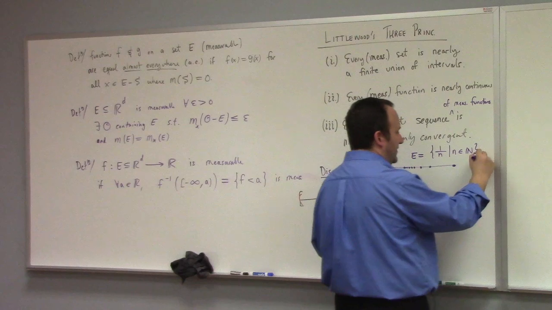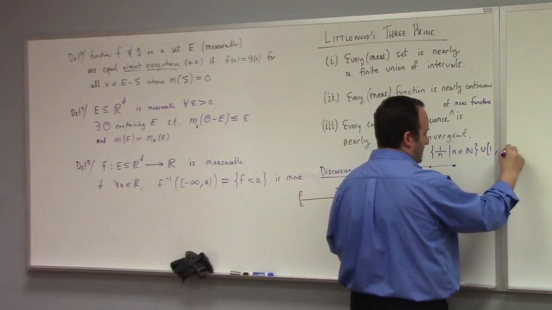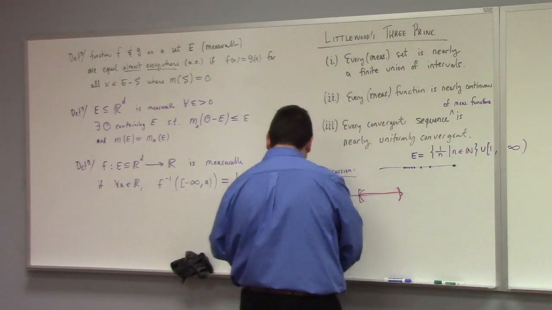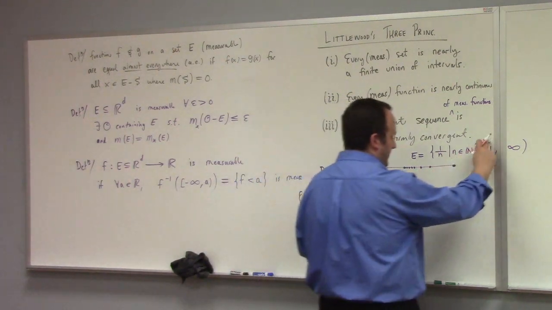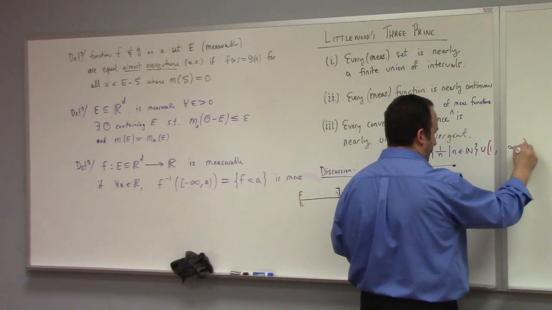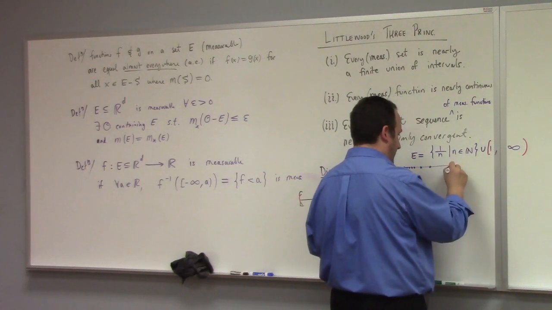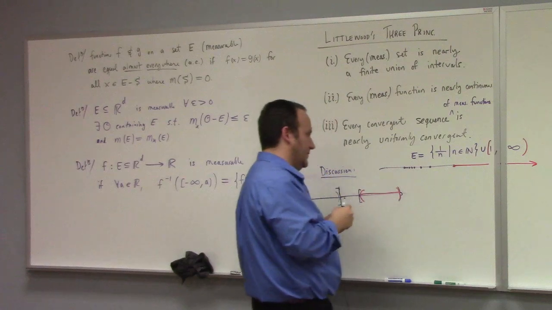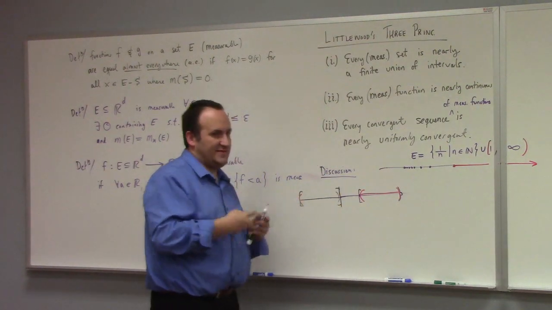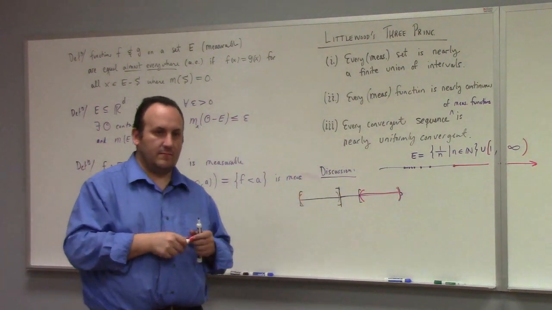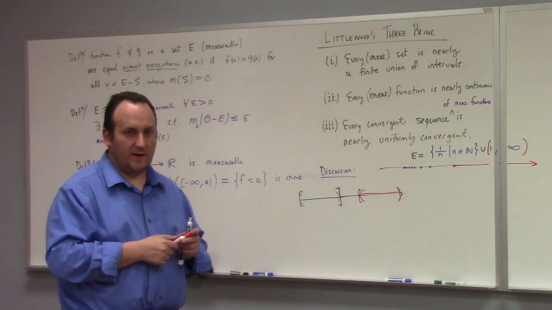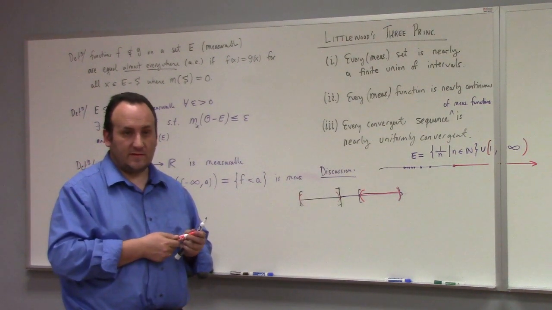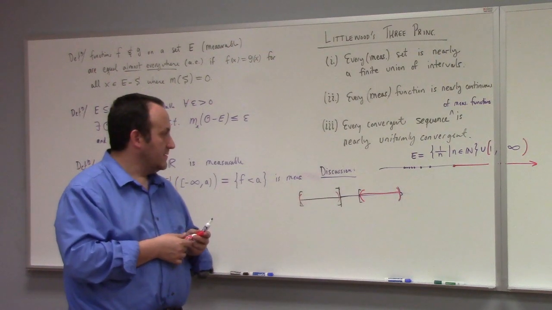And here, I'll union it with 1 to infinity to make it more fun. So I've drawn the purple part. I should have made this red. Right? If that's my set, it's measurable. It has infinite measure, right? Because of that ray to infinity.